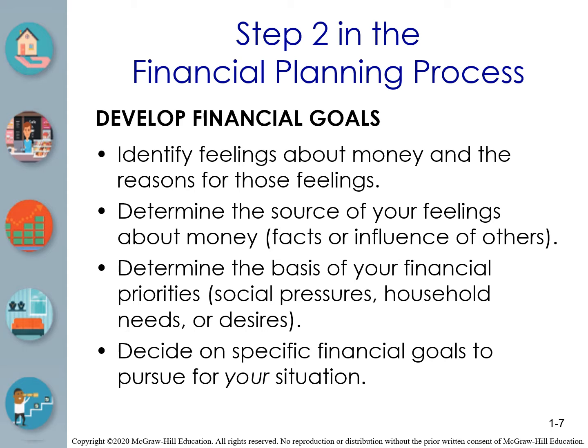Determine the basis for your financial priorities, social pressures, peer pressure, household needs or desires. These are all things that come up. And this is, again, where you have to be very honest with yourself. Because the parameters and the framework for the decisions that we make are not always abundantly clear, and they're not always objective.